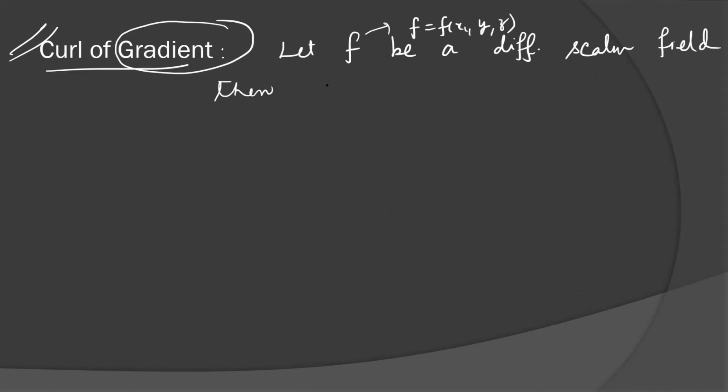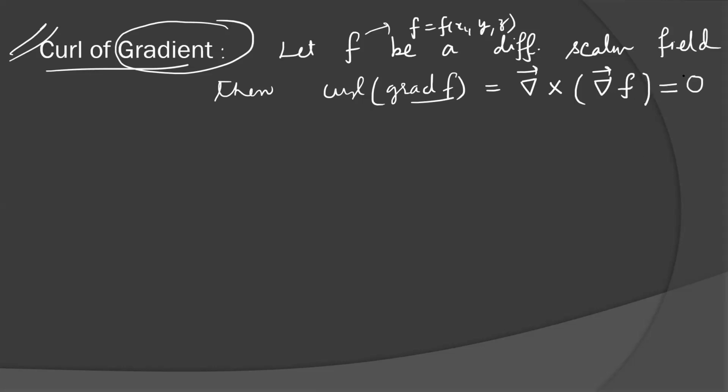Then curl of grad f, gradient of f, means the cross product of the del operator and the gradient, which is the del operator with scalar field f. This is the representation and this value is always 0.